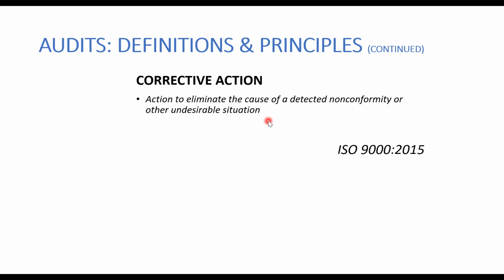Before, in the old versions, there was another terminology used along with corrective action, called preventive action. So now where has this preventive action gone? Very good. It has gone into our risk assessment.